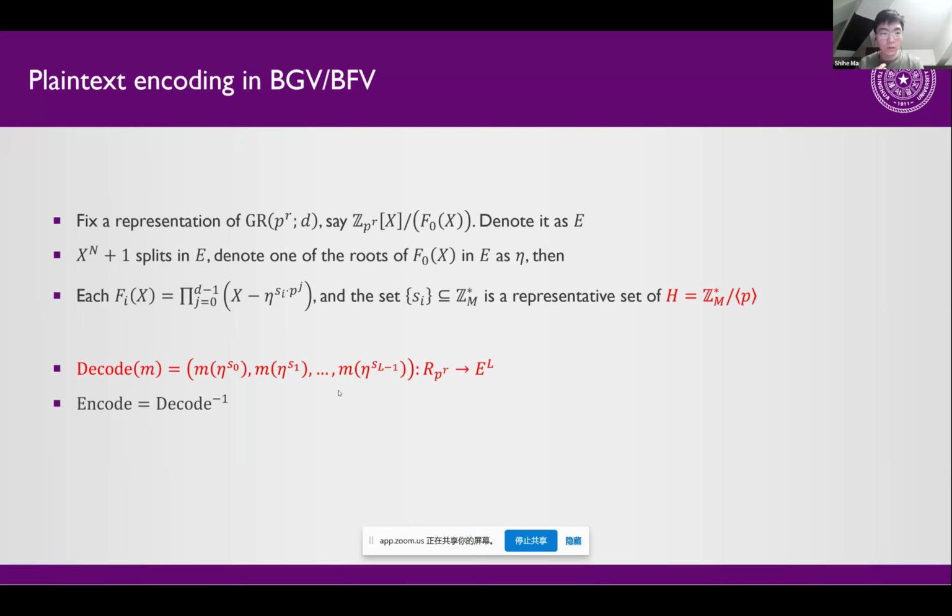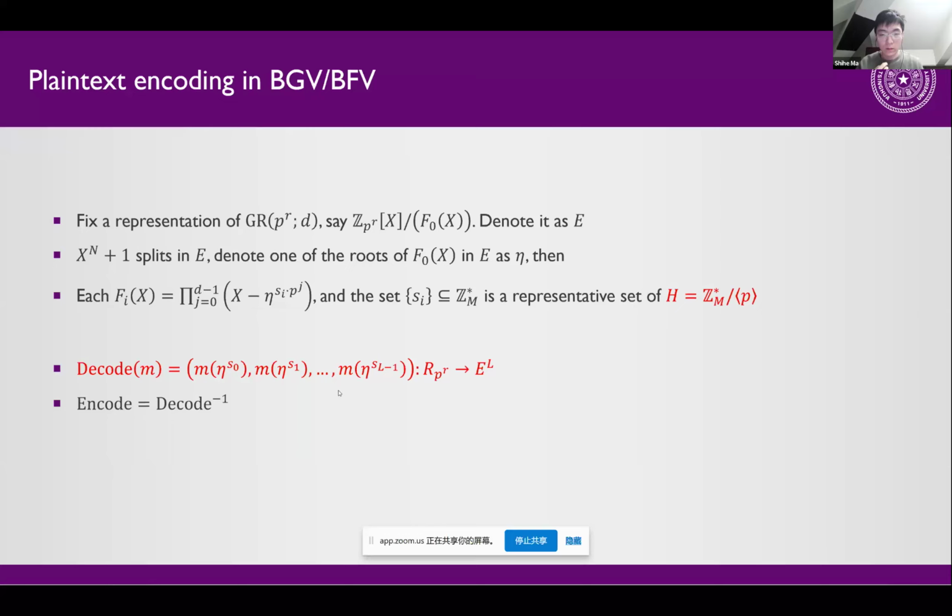Each of these factors F_i(x) splits in E, and their roots in E correspond to a coset of the cyclic group generated by p in Z_m^*.